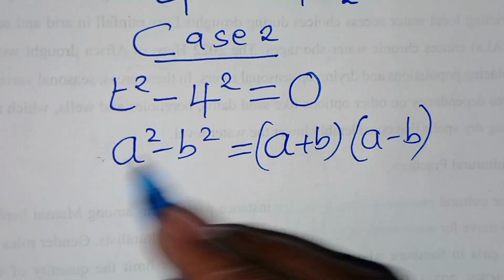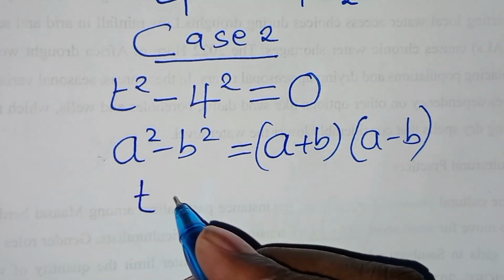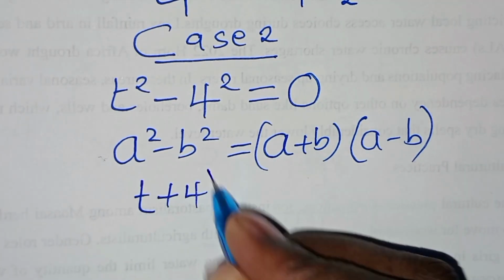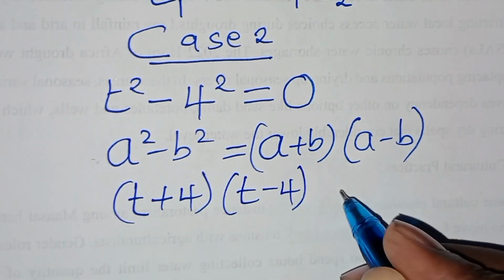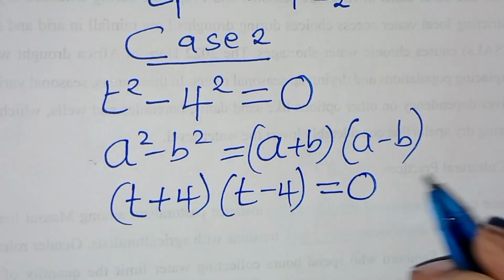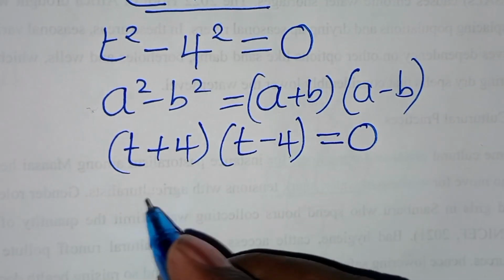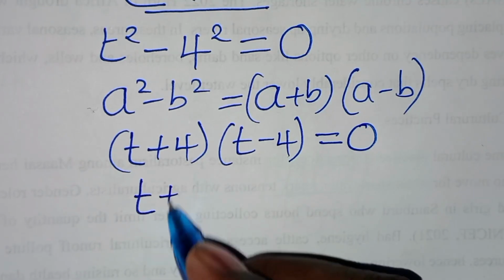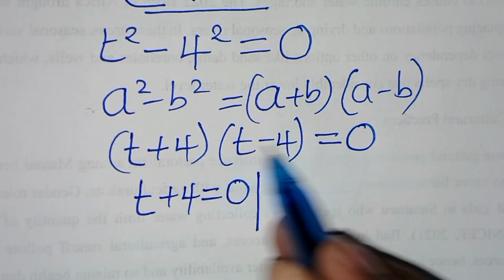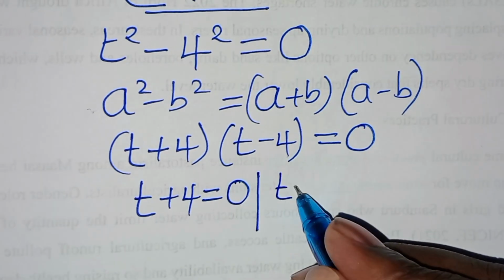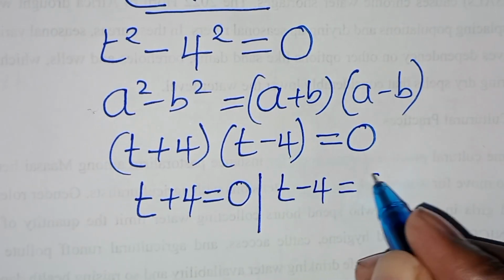So this implies that here we have t plus 4 and here t minus 4, and this is equal to 0. So we have two parts here, that is t plus 4 equal to 0, and the second part here, which is t minus 4 equal to 0.